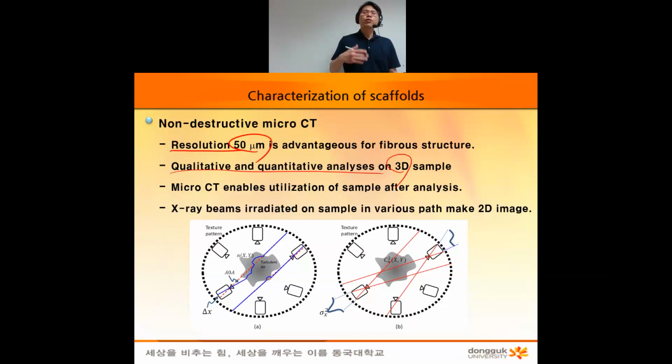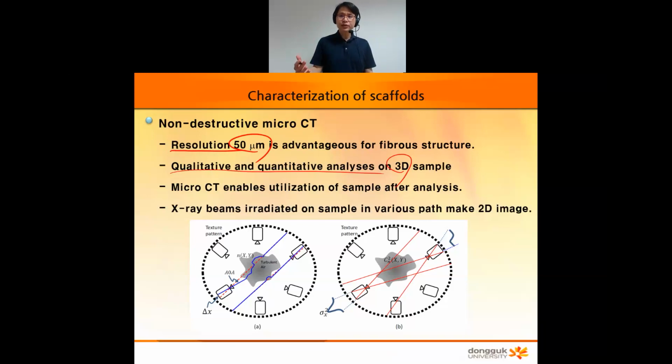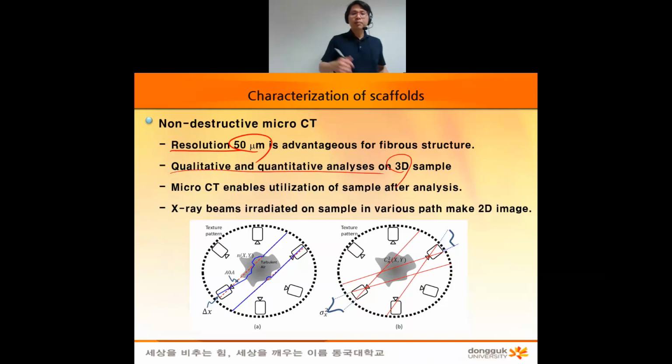As we know from the CT images for clinical investigations, we can also get the three-dimensional image inside and outside of the scaffolds by applying micro-CT. And micro-CT is a non-destructive method.